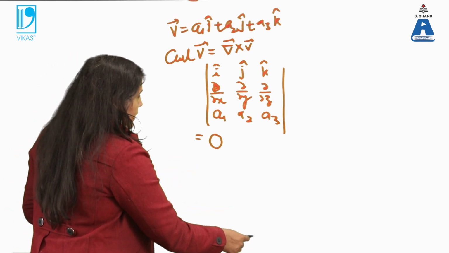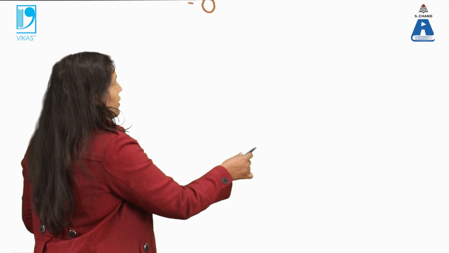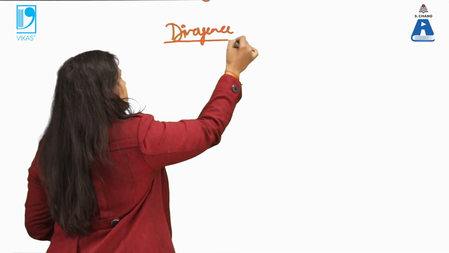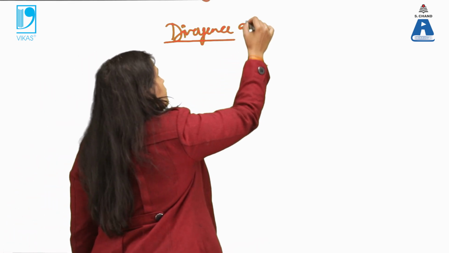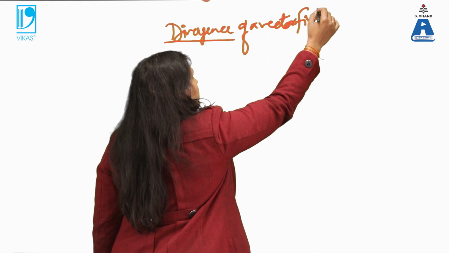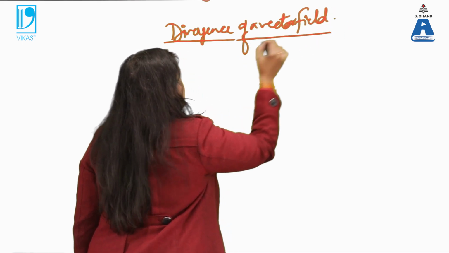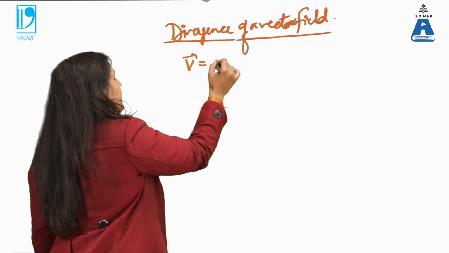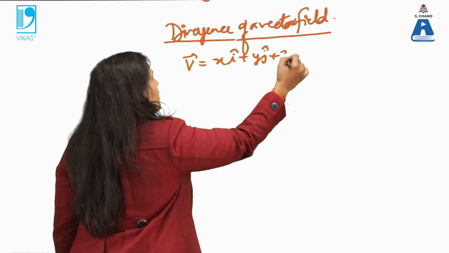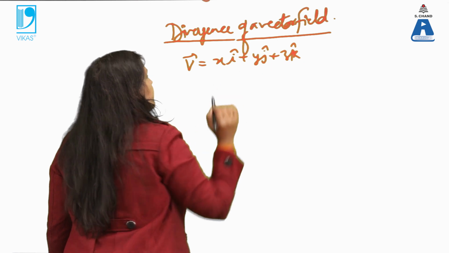Now moving to divergence. What exactly does divergence mean? Divergence again we find of a vector field. So, divergence of a vector field. Again I am taking one vector field, and this is my vector field.